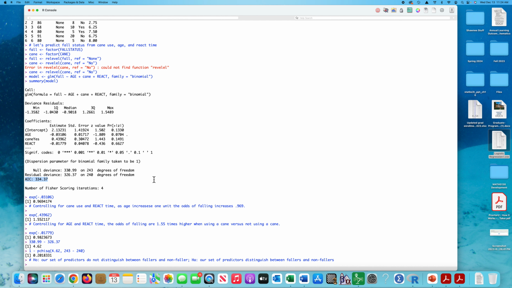334.37 means nothing in isolation of another AIC, but an AIC gives us a metric for model comparison. So if we have two models and we'd like to compare whether one model is a statistically significant improvement over the other, we can analyze the AICs.